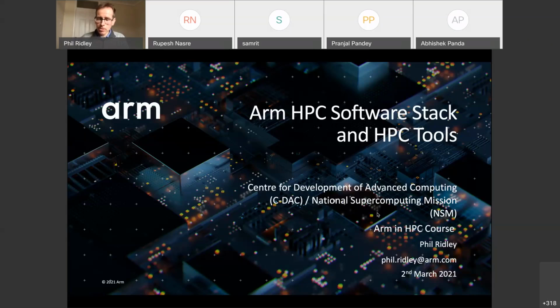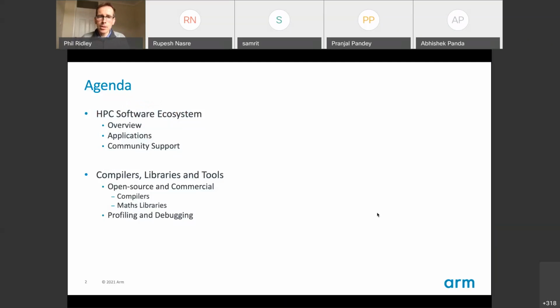For this talk, I'm going to cover the software tools in more detail, and it'll be in a couple of parts. Firstly, I'll talk about the software ecosystem that we support at ARM, the HPC software ecosystem. I'll give an overview of how that software system interacts with the applications, from the OS up to the end user applications like your chemistry type codes.